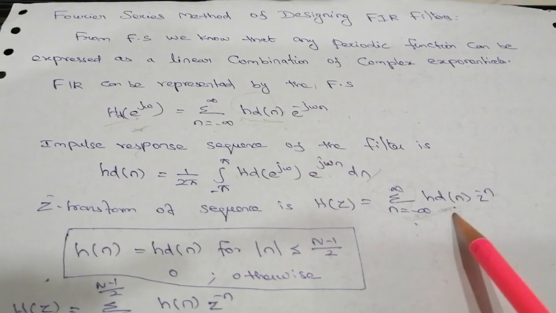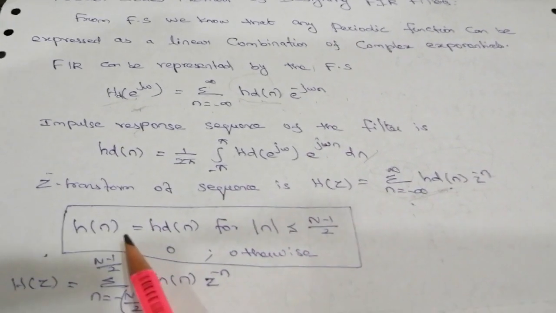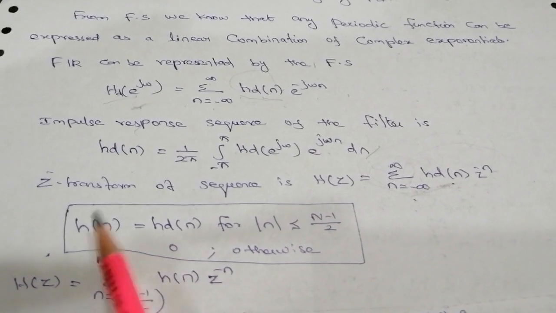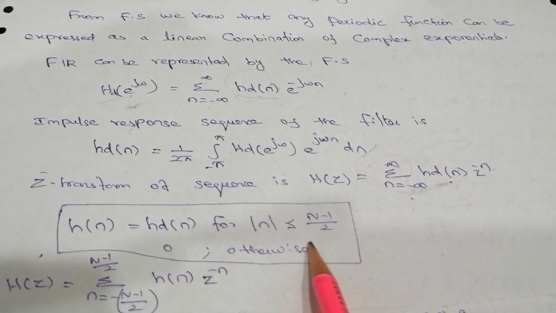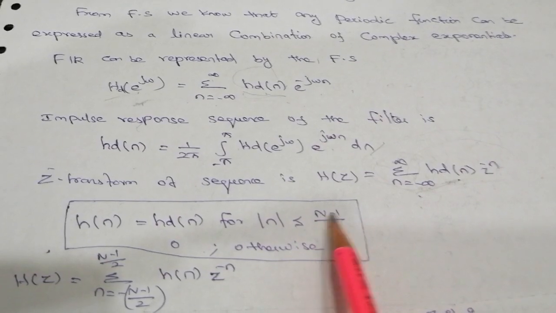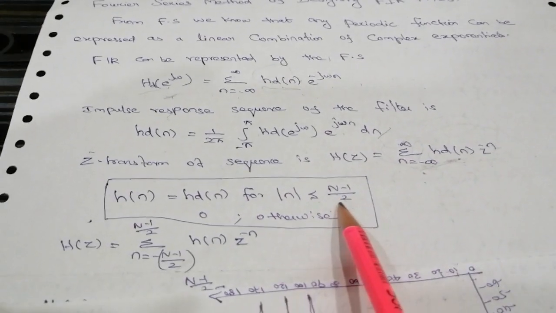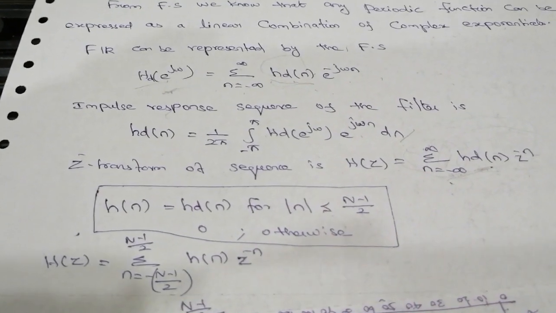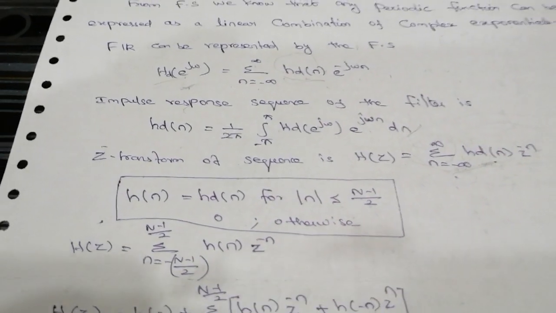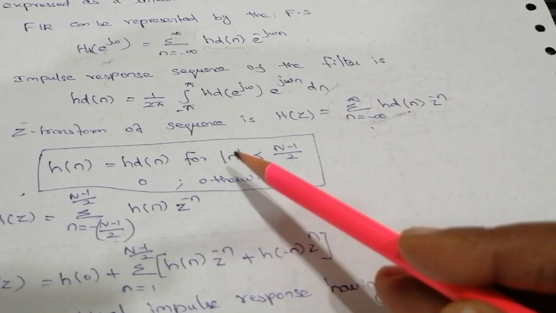So for the truncation, we assume that h(n) = h_d(n) for mod n less than or equal to (N minus 1)/2, right?